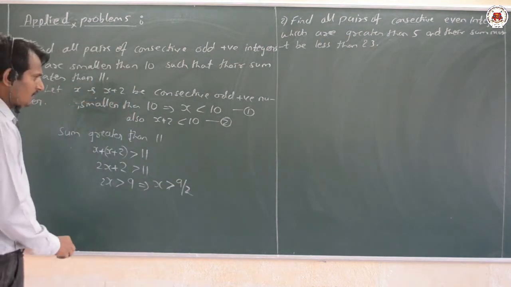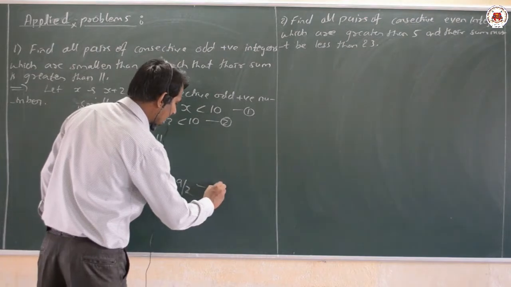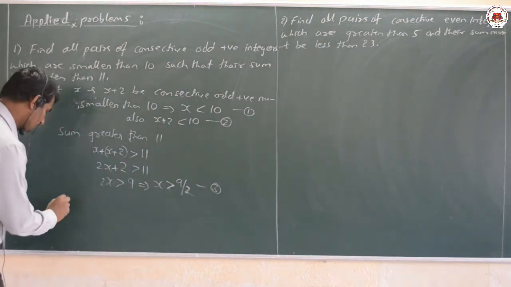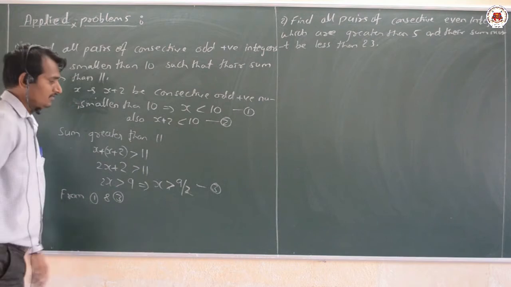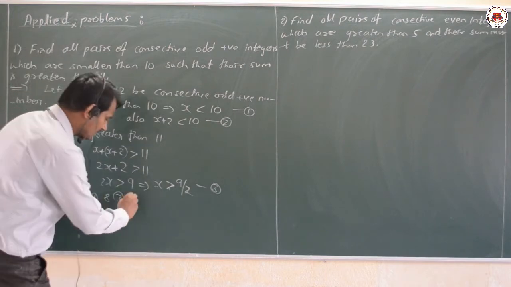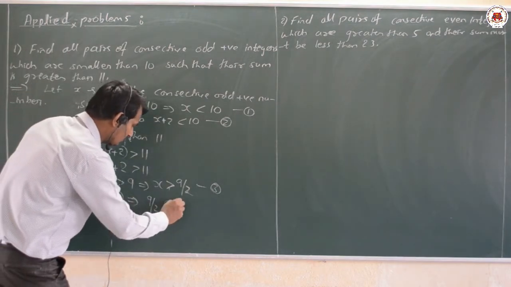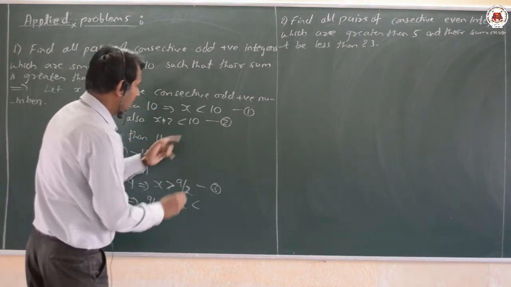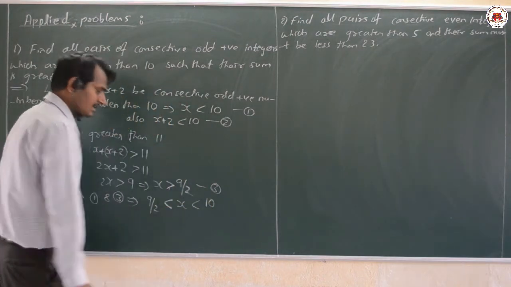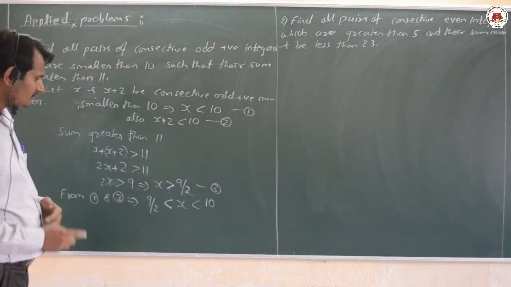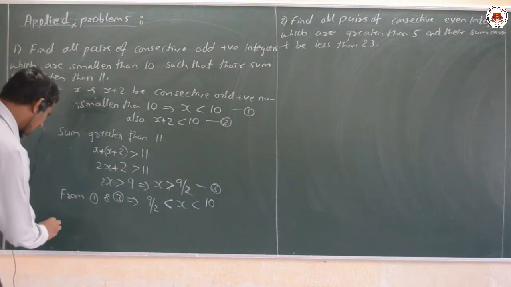Now from equation 1 and equation 3, we get 9 by 2 less than x less than 10. Now what are the values of x?